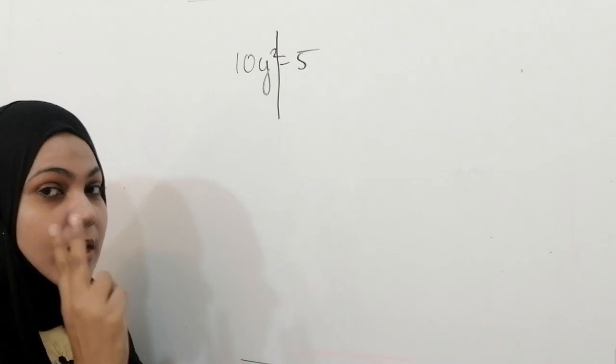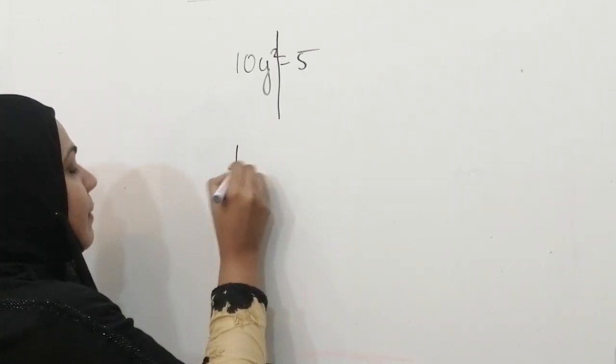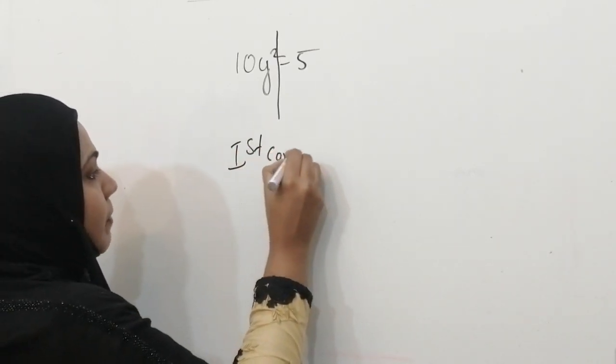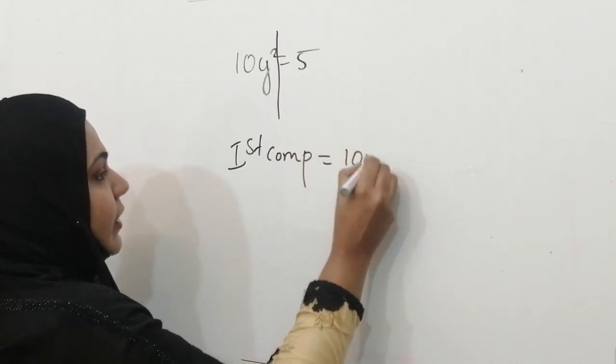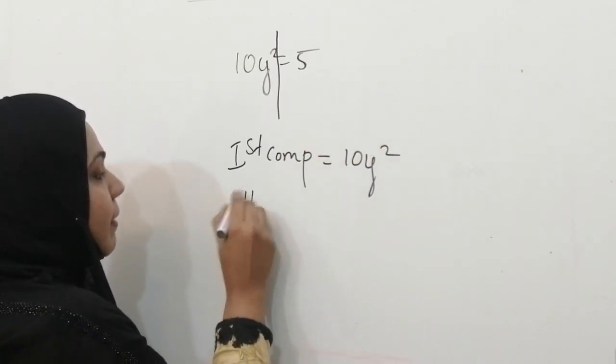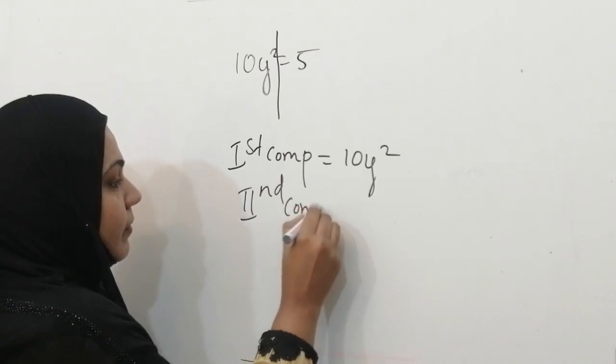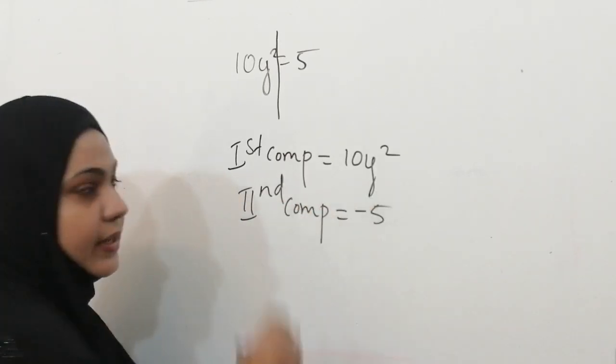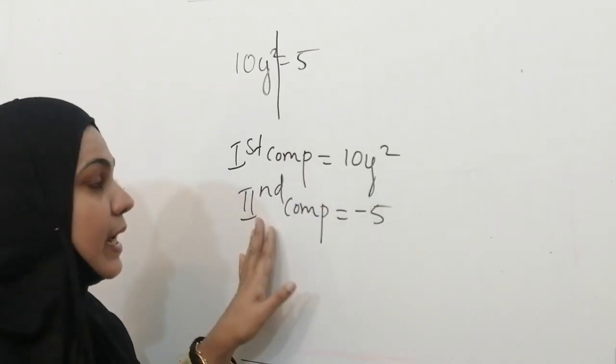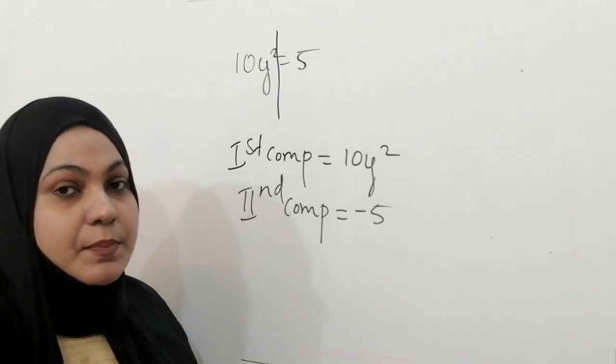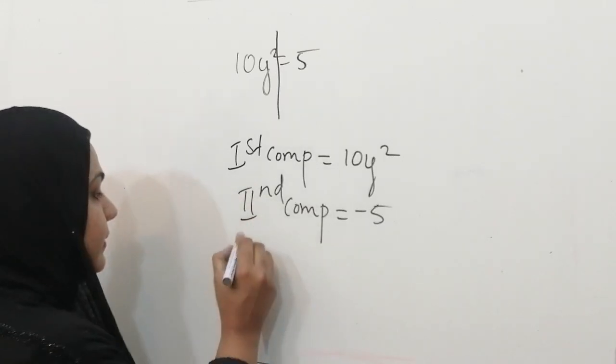There are 2 compartments. The first compartment is 10y square and the second compartment is minus 5. We can call these compartments, in terms of algebraic expressions, terms.